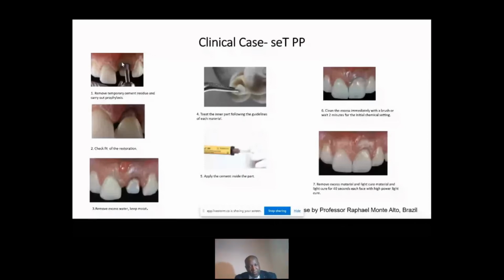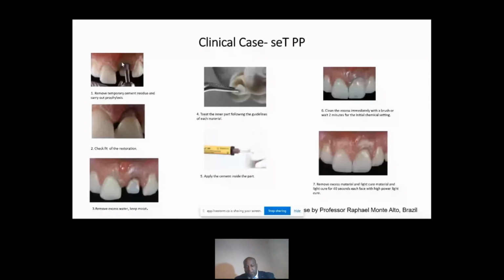And then if we're using the SET PP, or we just want to treat the inner surface, if it's all ceramic, we'll have to follow the guidance to prepare the surface. And then once we've prepared the inner part of the restoration, we apply the cement. And be generous with this. As we said, the cost is considerably less than Reliax Unisem.